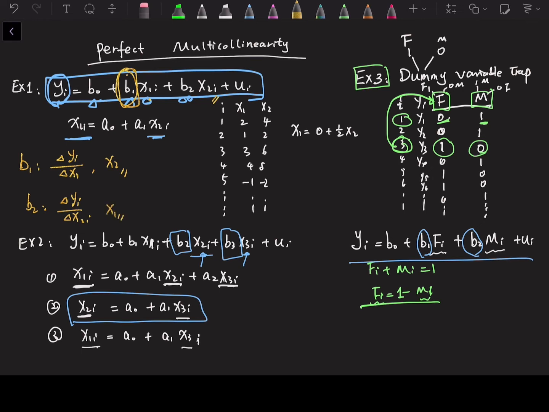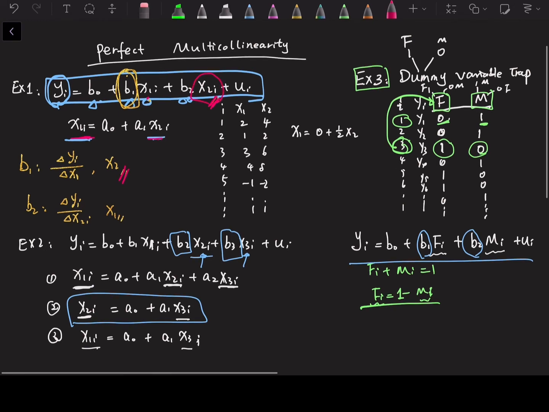You use the derivative, or first order condition, to indicate the marginal effect. But if x1 and x2 are perfectly collinear, once you hold x2 constant, x1 is also held constant. So if x2 is held constant, there'll be nothing changing in x1. That means you cannot get the effect of change in x1 on y because x1 has no change.